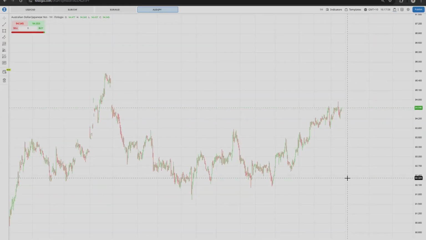It was strong because of the risk on at the beginning of this week, but right now I don't see it as a strong currency at the moment. It would be quite interesting to see how this goes over the coming months. But anyway, it's saying for us to short.